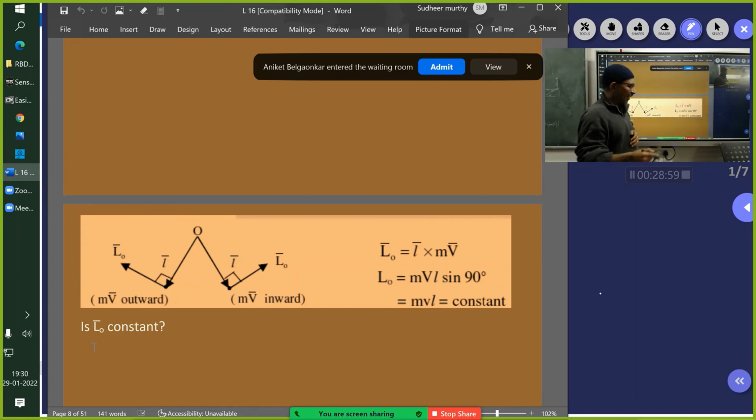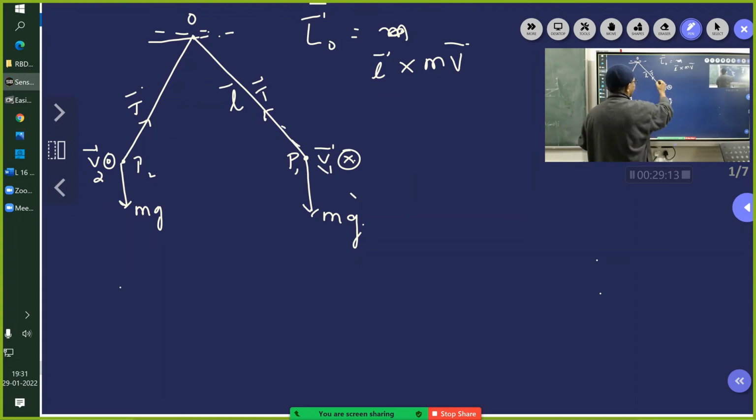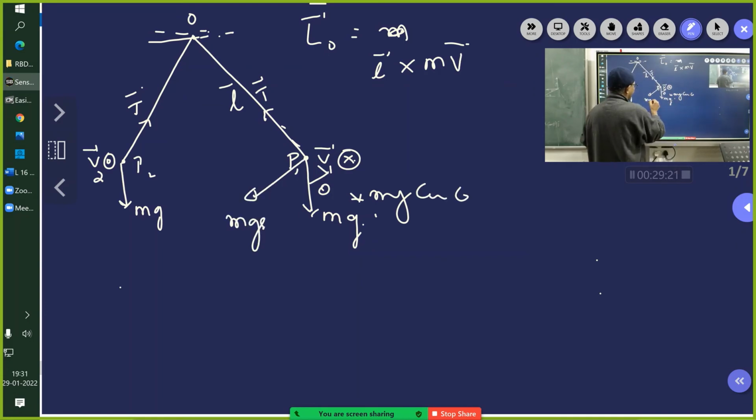And there is another unbalanced component, as we used to see in the case of the pendulum, which we called mg sin theta. If you take this as theta, this becomes mg cos theta and this becomes mg sin theta. Now this vector mg sin theta is unbalanced.